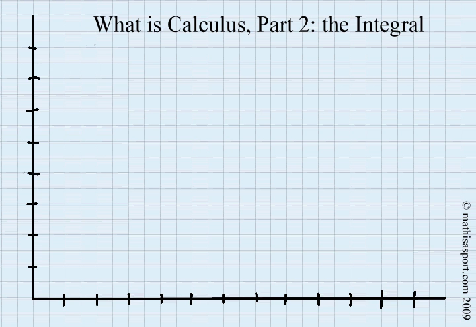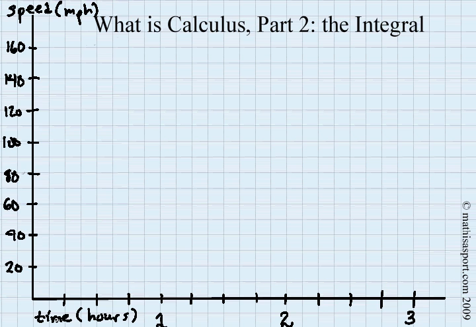So what I'd like to do is draw a graph, but with different axes this time. We'll still use time in hours for the x-axis, but since we want to model what's happening to the speedometer, we're just going to make the y-axis the speed in miles per hour.